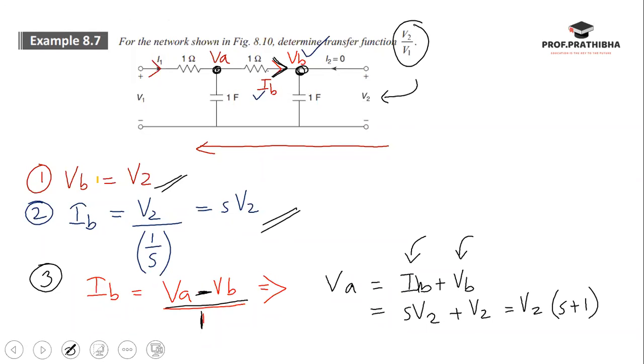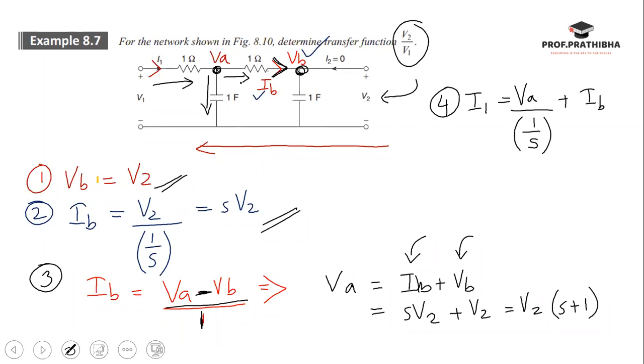The fourth step, if you observe the diagram, is I1 is the current which is coming. I hope you can see I1. Can I say I1 is VA upon 1 by S plus IB? Any doubt here? What did I write? Nothing much. I1 is this current plus this current.